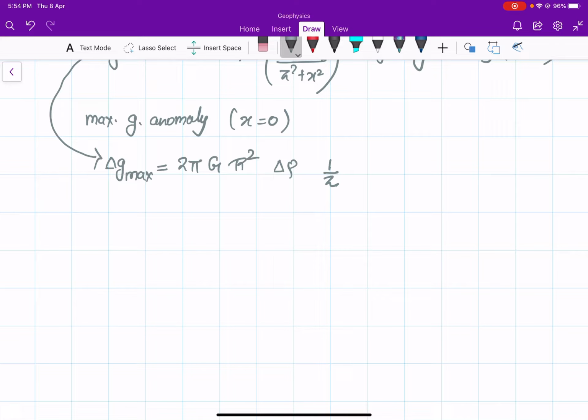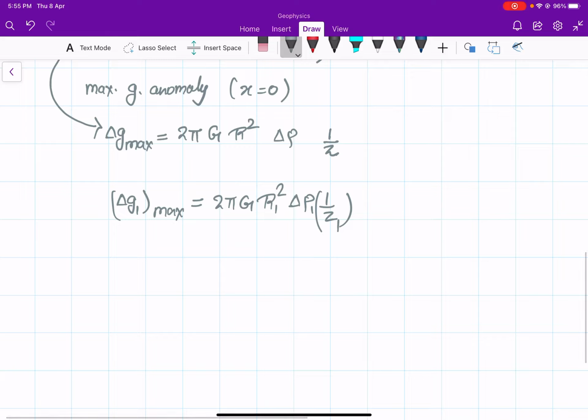For two cylinders at different depth and radius, del g max for the first cylinder equals 2 pi G r1 square del rho 1 into 1 over z1, because the density contrast is different for different cylinders.